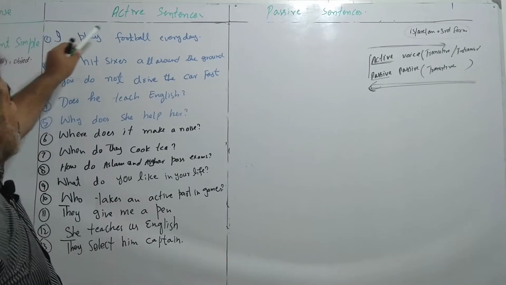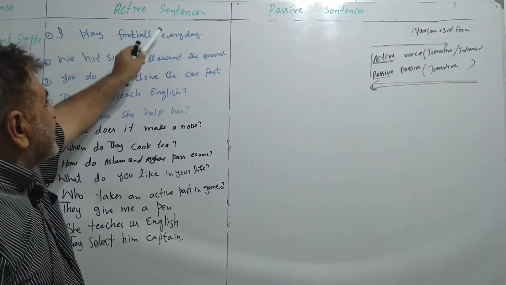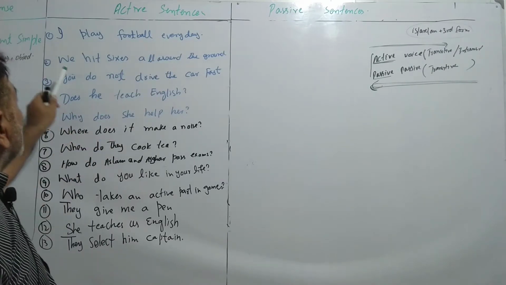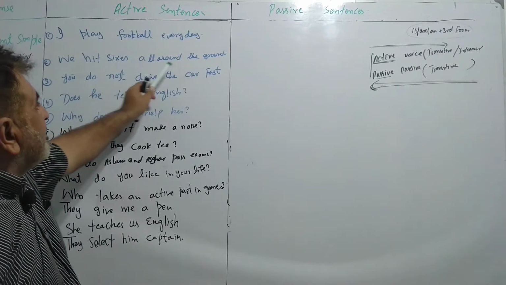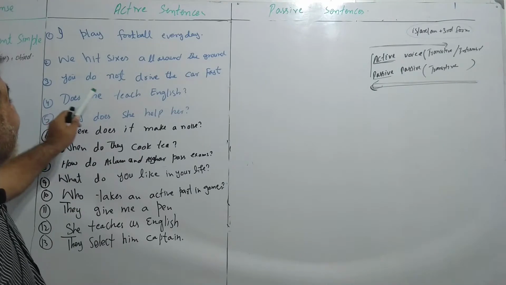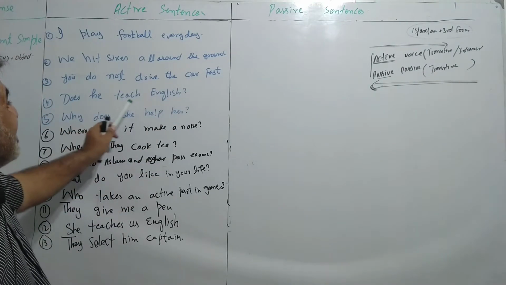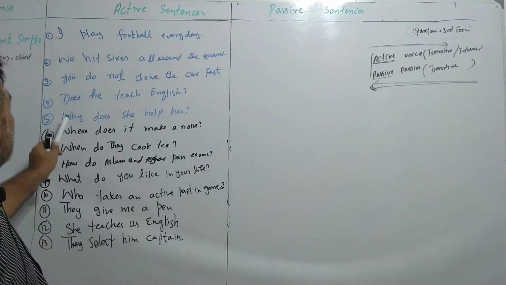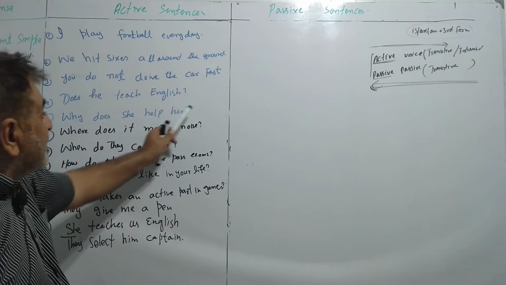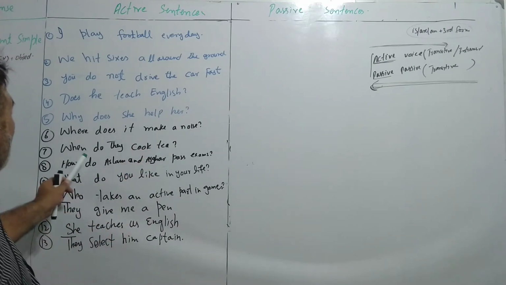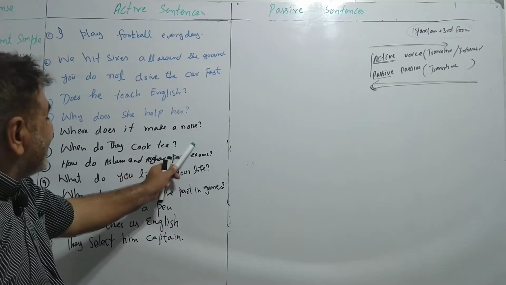So first, you can see active sentences. I play football every day. We exercise all around the ground. You don't drive the car fast. Does he teach English? Why does she help her? Where does it make a noise? When do they cook tea?